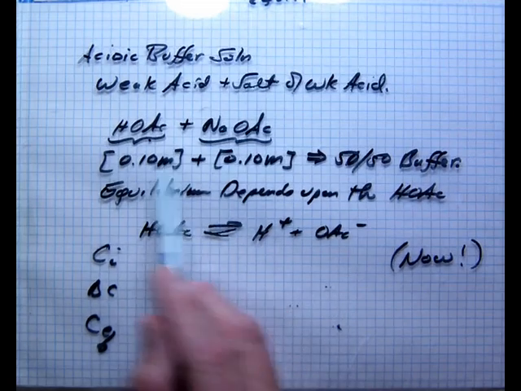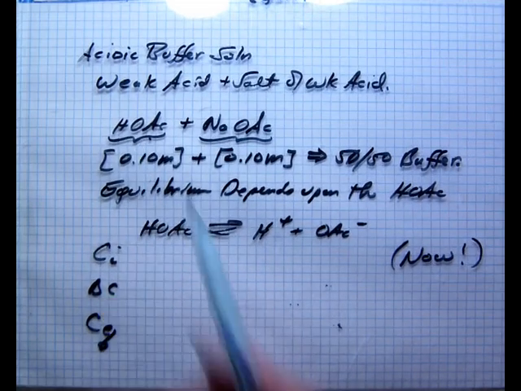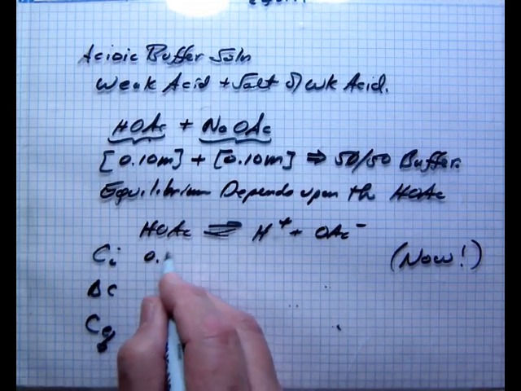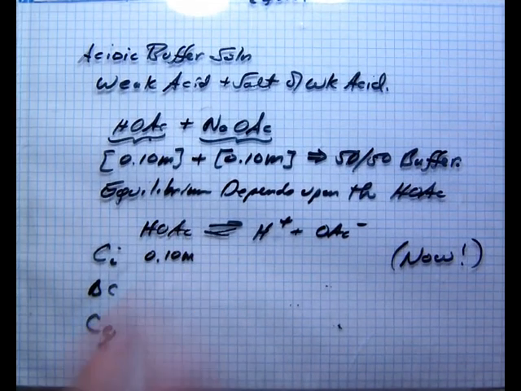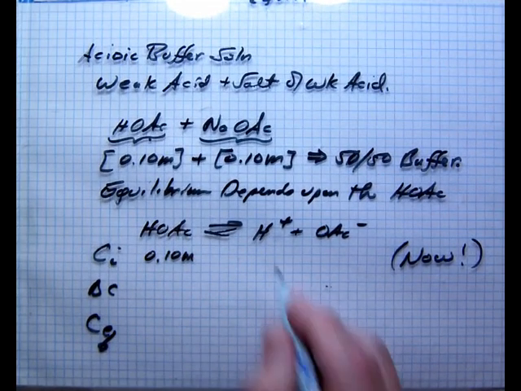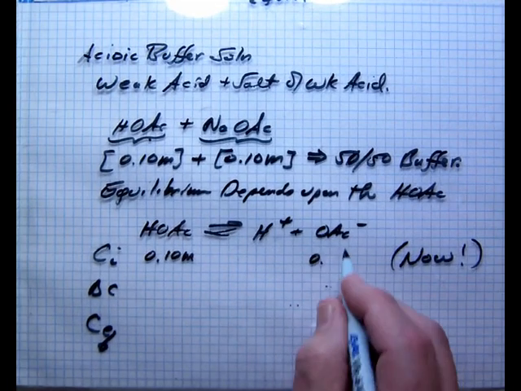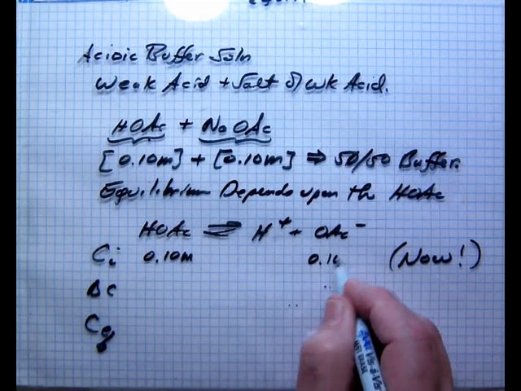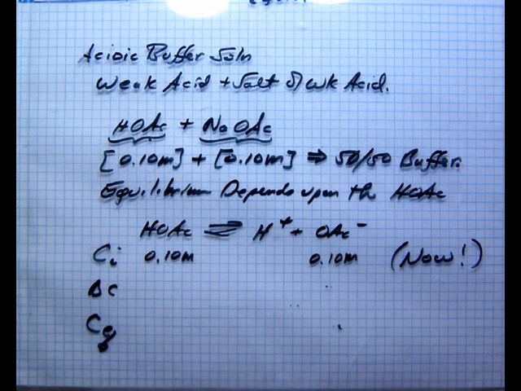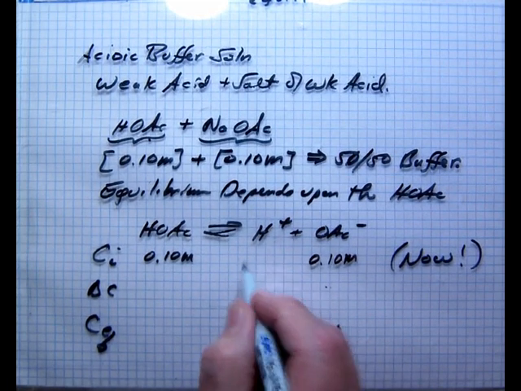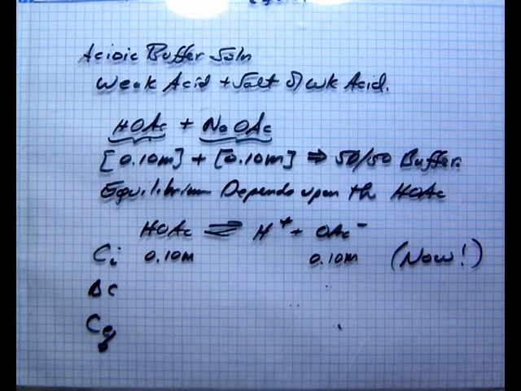So the way this one is set up, we have a 0.0 molar acetic acid combining with a 0.10 molar in acetate. Well, it'll have a very, very small concentration of acid in there.